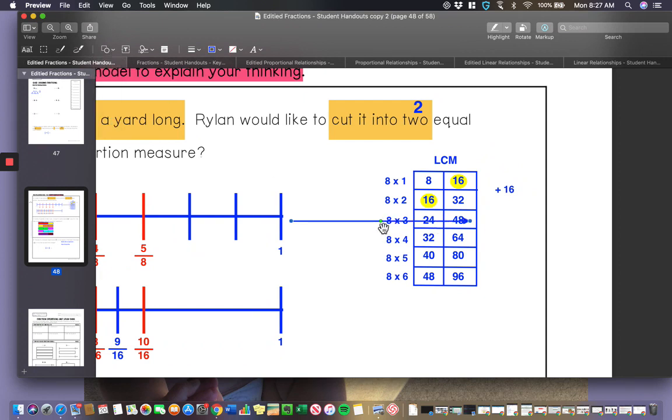There we go. So I can go right from 16 and add 16 to the previous number, and that process can be repeated multiple times.